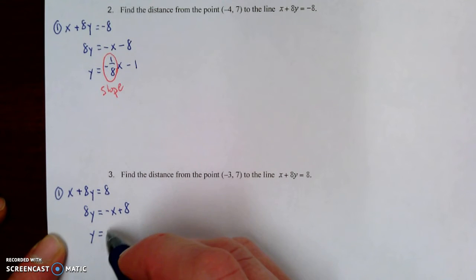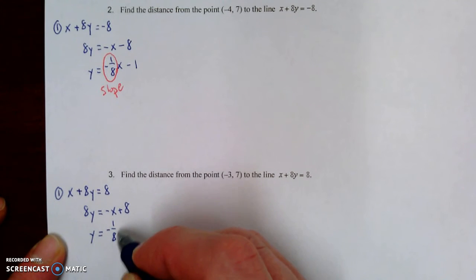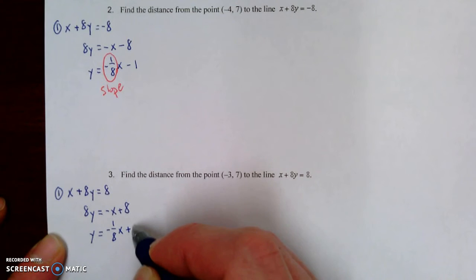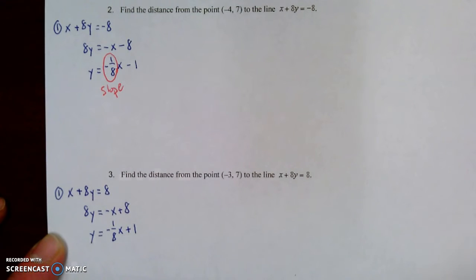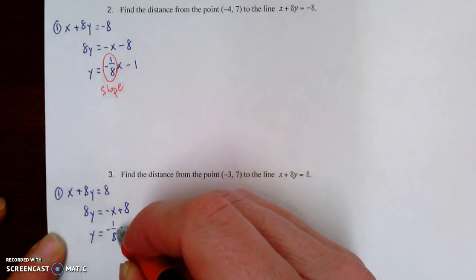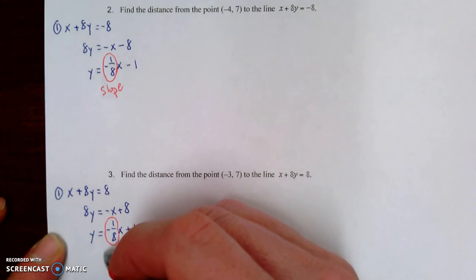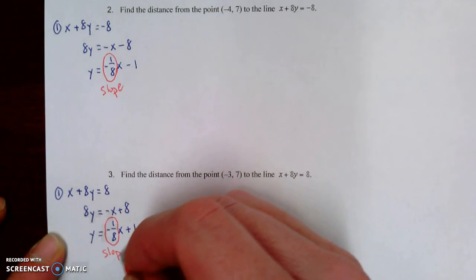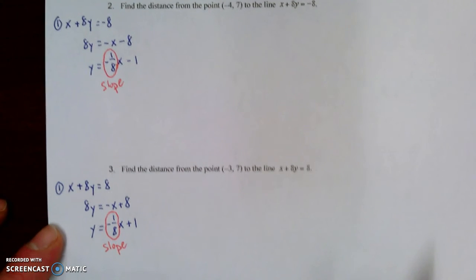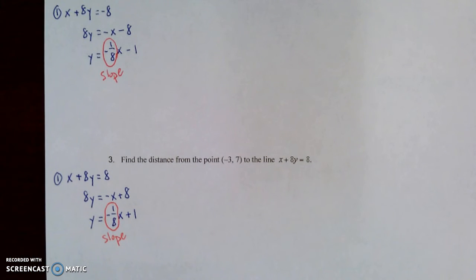So we get y equals negative 1/8 x plus 1, which gives us a slope of negative 1/8 for this line. So again, when we go to write our perpendicular line's equation, that'll turn into a positive 8/1, or just positive 8.